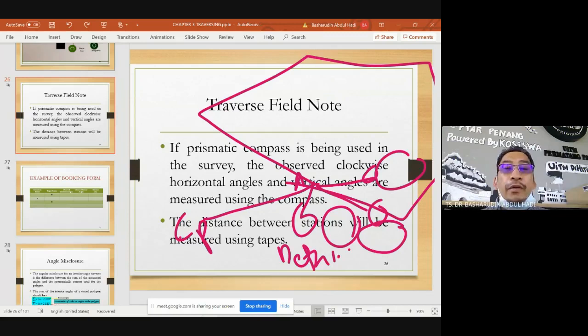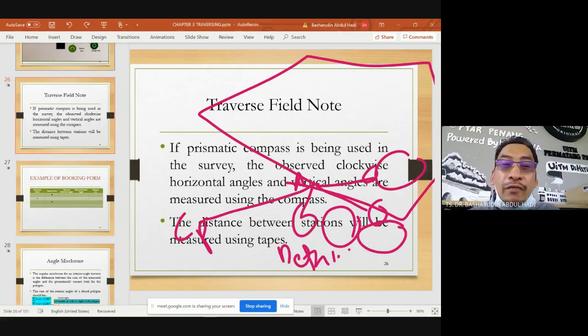So maybe you can read it. If a prismatic compass is being used in the survey, the observed clockwise horizontal angles and vertical angles are measured using the compass. The distance between stations will be measured using tape. It's very easy: you have bearing and distance, and your bearing is measured by compass, theodolite, or total station, but the length you measure by tape.